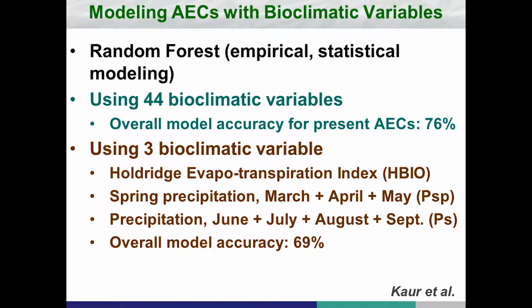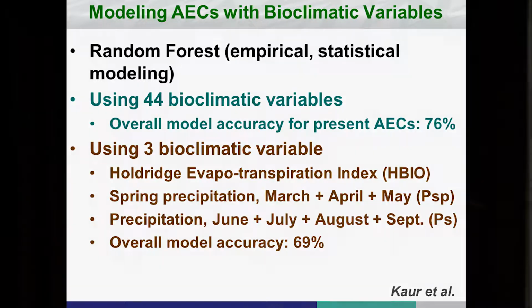So we started to ask the question, can we actually explain the variability in classes that we see across the region using bioclimatic variables? And the intent here was if we could use bioclimatic variables to actually explain the variation in classes that we see across the region, then we could use predictions using global circulation models.